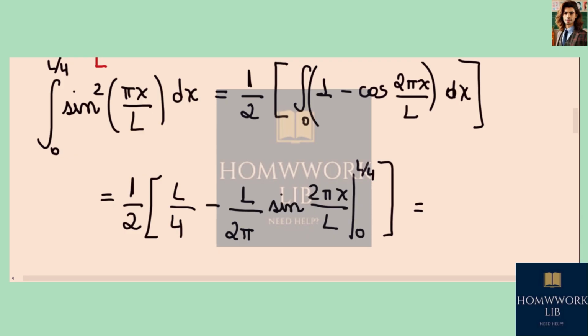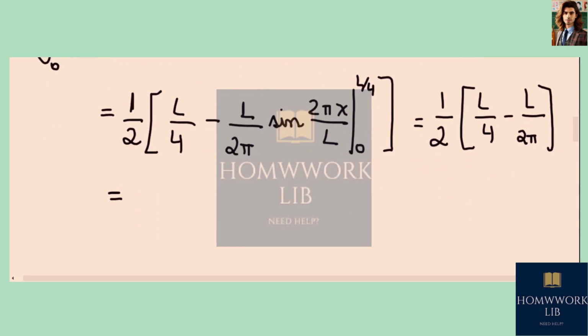When x is equal to 0, the sine will be 0. When x is equal to L over 4, this is the sine of pi over 2, so that's 1. So this is 1/2 of L over 4 minus L over 2 pi. So this is equal to L over 8 actually, minus L over 4 pi.